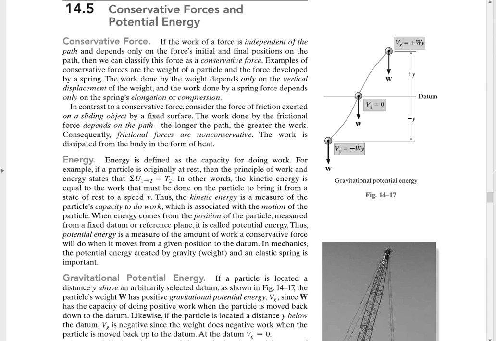Okay, so if you're moving a particle of mass m or weight w, you start from position 1 and move up and reverse and come back, and as you reverse motion and reduce the height of the particle, which is measured from a datum, a reference horizontal plane or line.